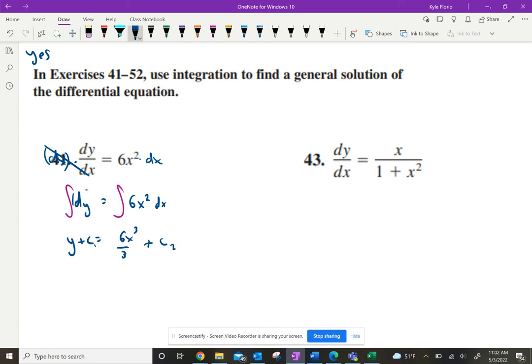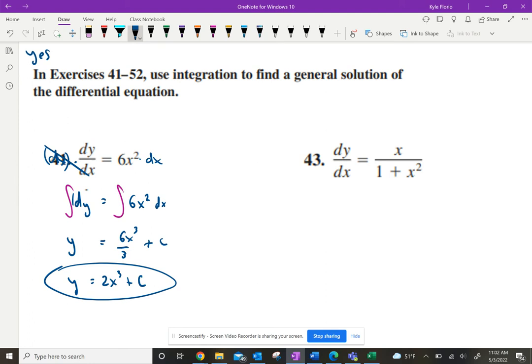I could just subtract this constant on both sides, and the constants would be like terms, and in the end, you would just have some constant. So we don't need to do a plus c on both sides. So 6 over 3, I mean 2x cubed plus some constant. And that would be the general solution to that differential equation.